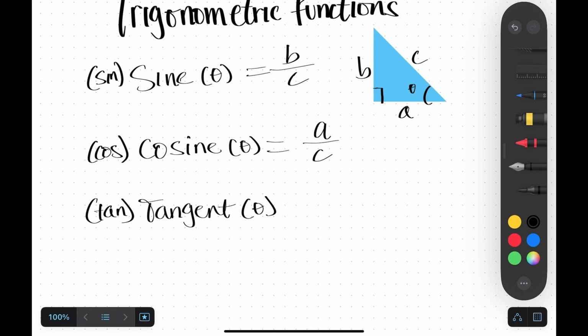The reason it's not C over C is because adjacent usually refers to the non-hypotenuse side, and C over C wouldn't make for a very good function.